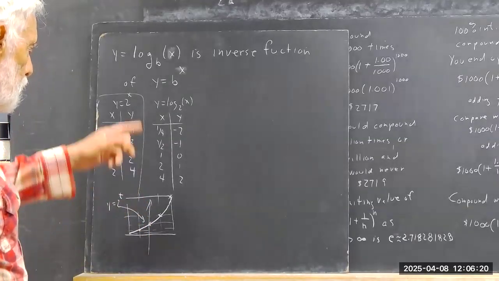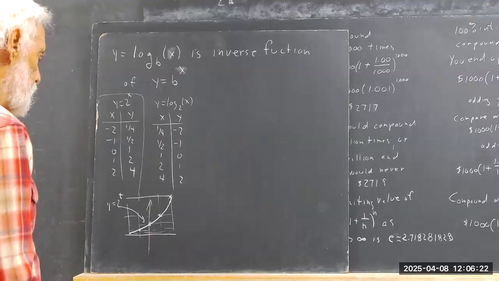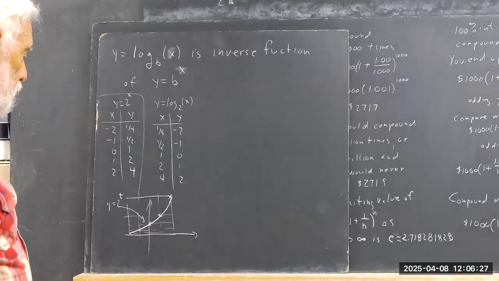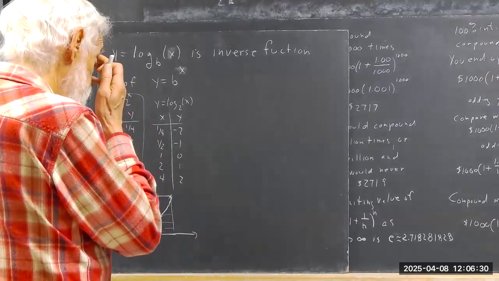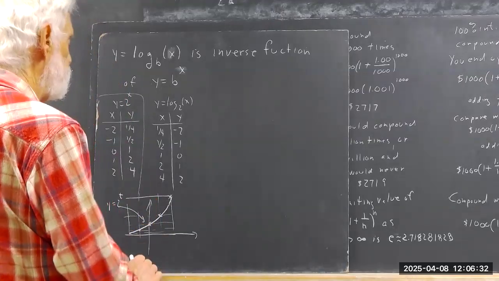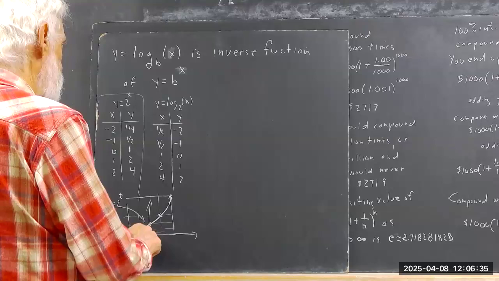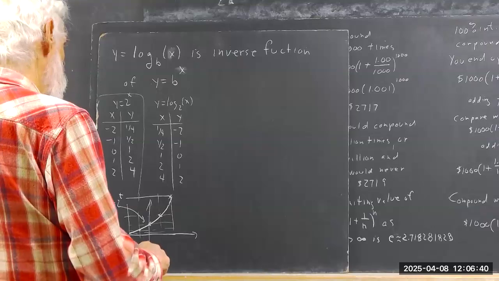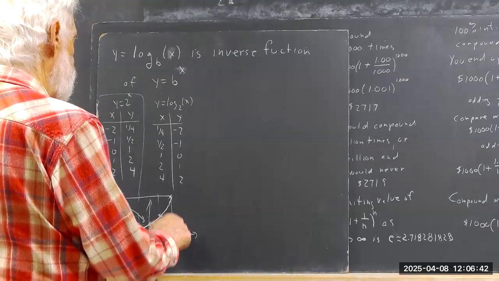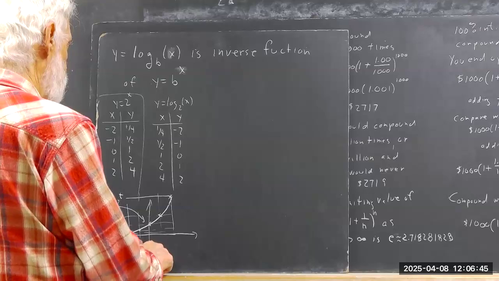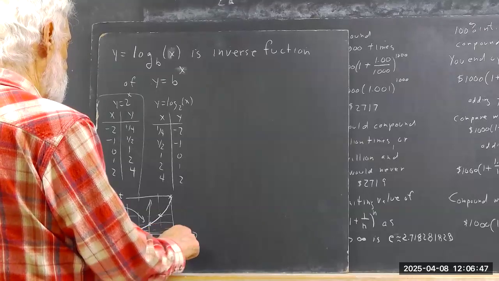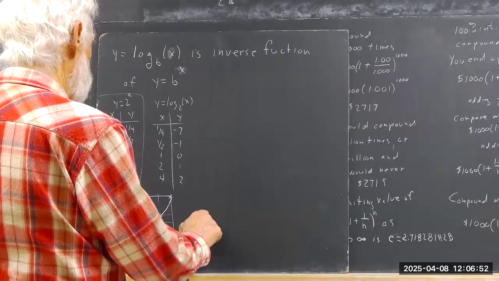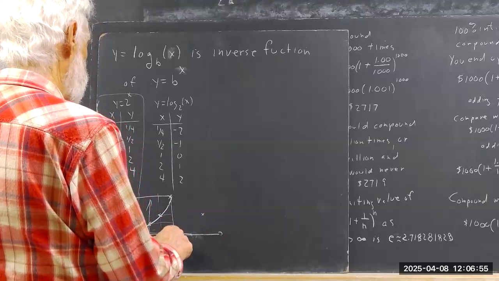I can construct the y equals 2 to the t shape and put coordinate axes on it and so forth. If I want to do the inverse function, I reverse the coordinates of all these points. So this point is 2, 4; I get the point 4, 2.